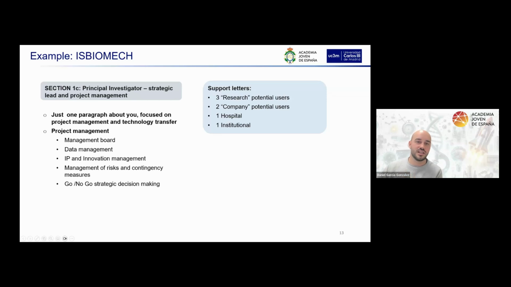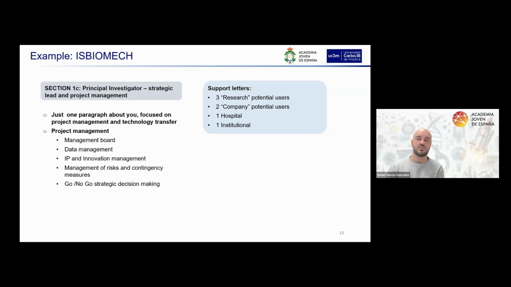And sometimes the question is, what should I include here? These are the points I included in the proposal that worked. A management board, which can be people from your lab, some collaborators, or potential users. How you will deal with data management, IP and innovation management. You have to state, these are the ideas that I think can be patented, and then how you're going to deal with that.